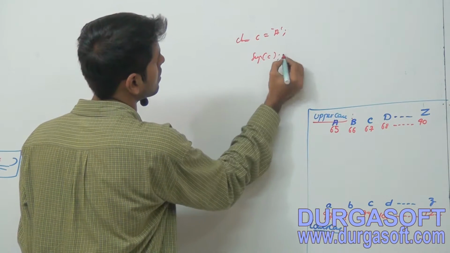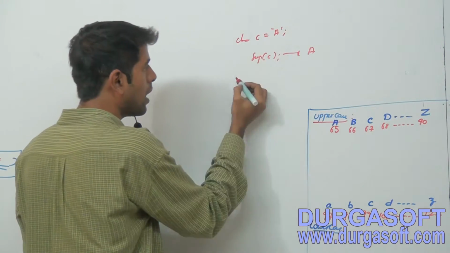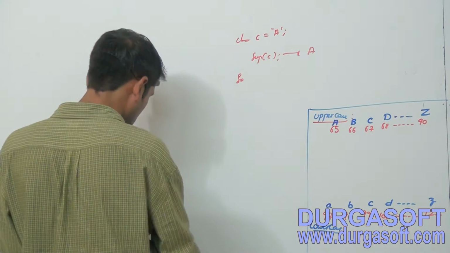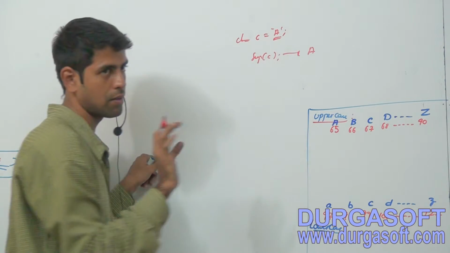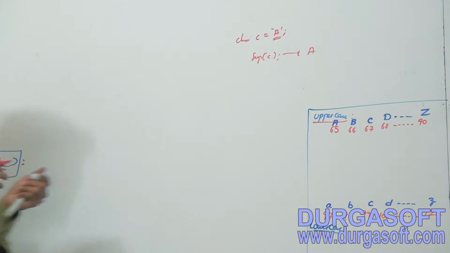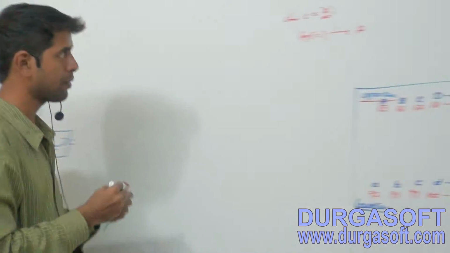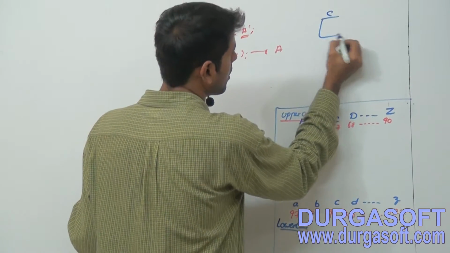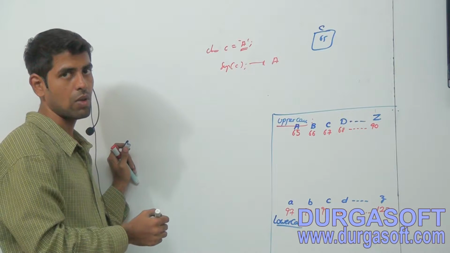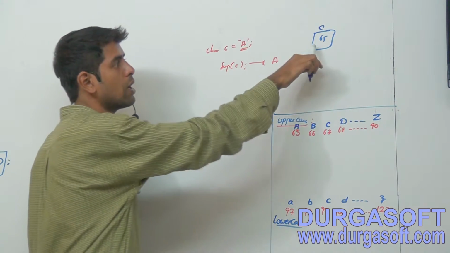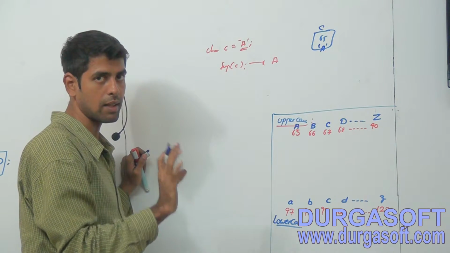System.out.println of c. Capital A is my output. Internally, as I said, JVM will use Unicode values. There will be a variable c with data 65. It will store only Unicode values internally.